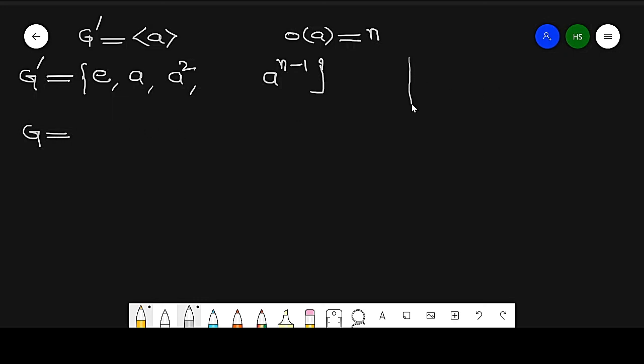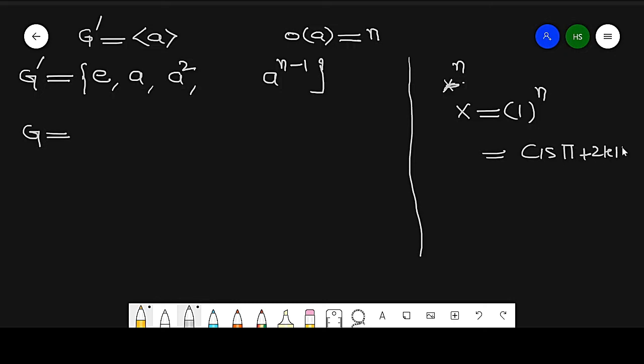So what is the nth root of unity? We know that the nth root of unity is x, where x raised to power n is 1, so x is 1 raised to power 1 by n.